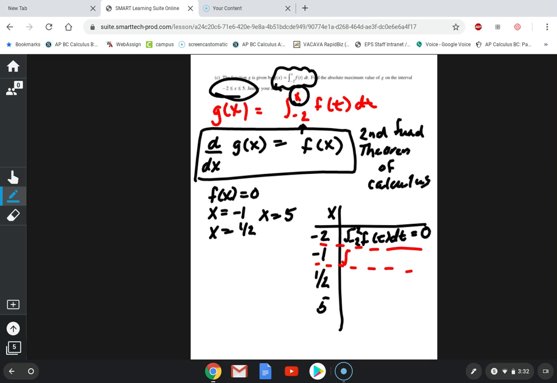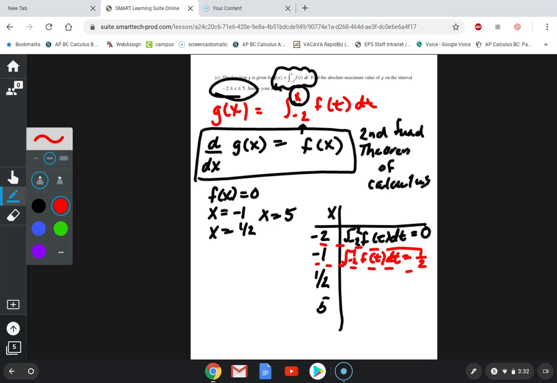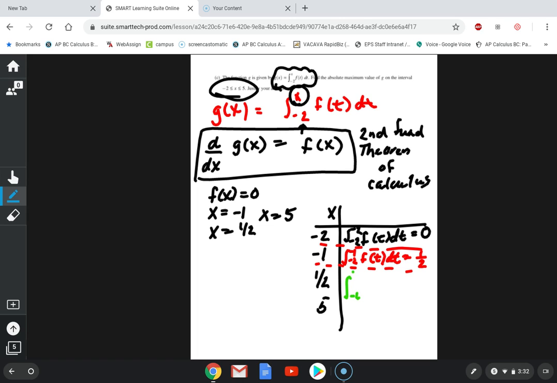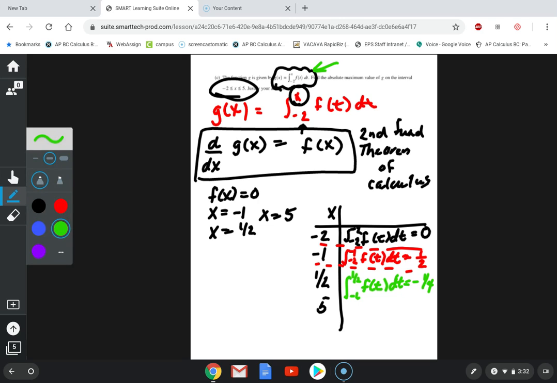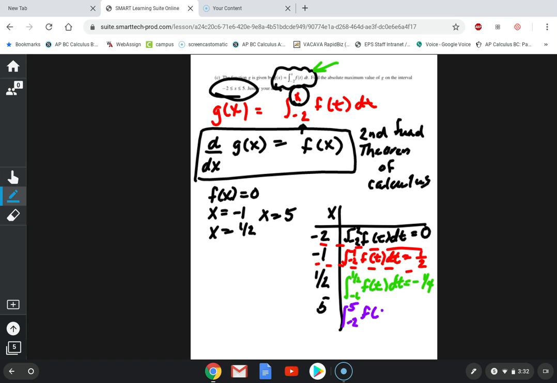So I have the integral from -2 to -1 of f at t dt, and adding that from my chart before, I'm going to get 1/2, and now putting in the 1/2, so the integral from -2 to 1/2 of f at t dt, and that's going to be -1/4. Again, always going back up here, and my last one, I'm going to have the integral from -2 to 5 of f at t dt, which is 11 minus 9 over 4 pi.